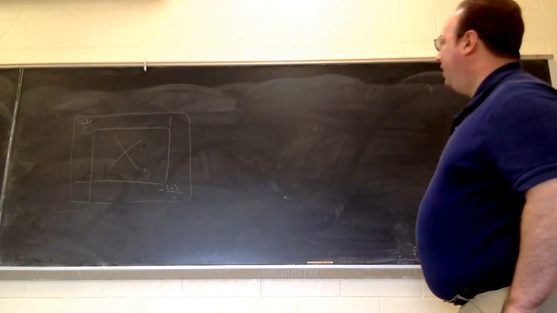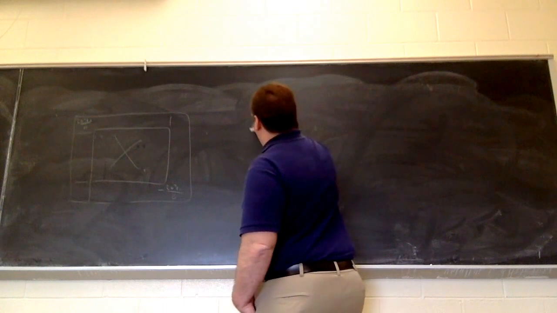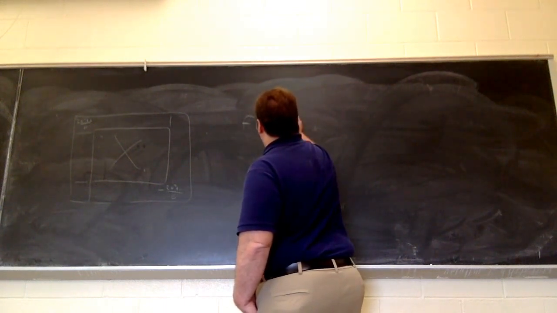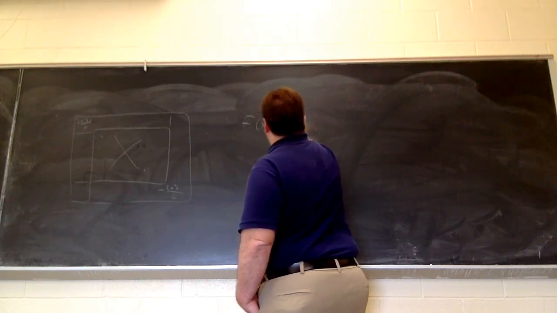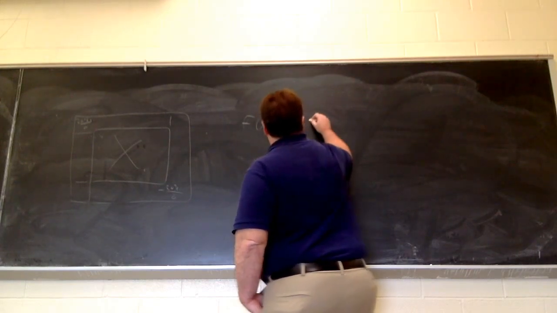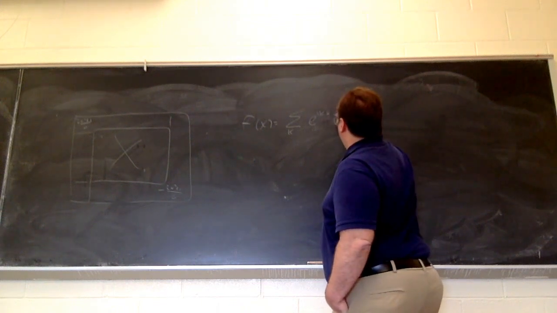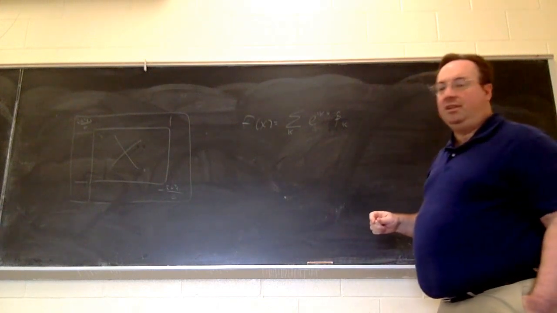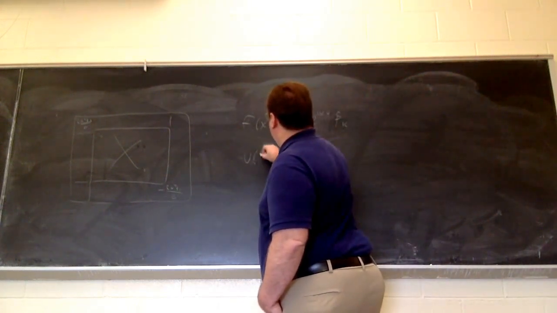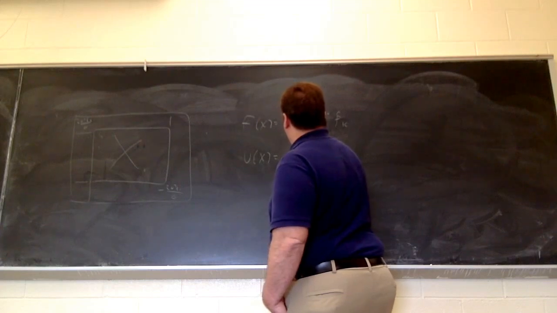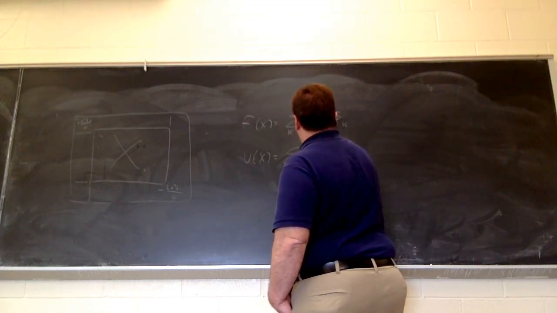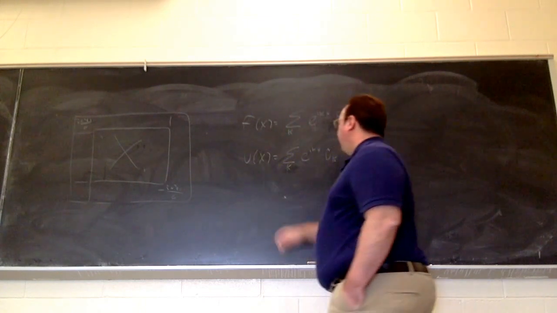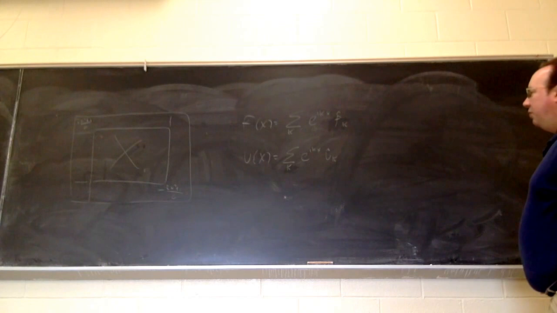Another way to think about it is, you have F as this Fourier series representation, and so does U. And this is similar to what's done in that example, but in one dimension.